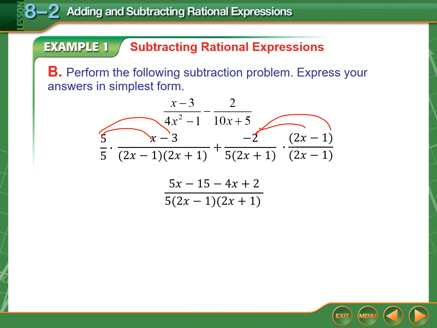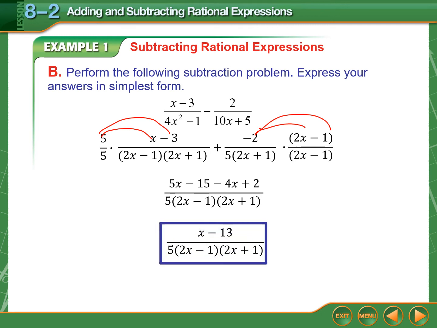You have both groups, and I've combined it as one fraction, one rational expression. I'm going to leave my denominators alone, but let's see if we can simplify the numerator. 5x minus 4x gives me an x, and a negative 15 plus a 2 should give me a negative 13. There is no factor in there that needs to be done. That numerator is done, and there are no terms to simplify.